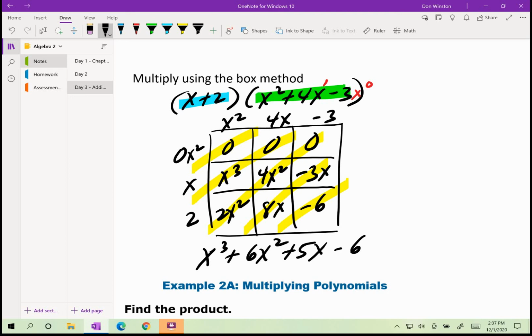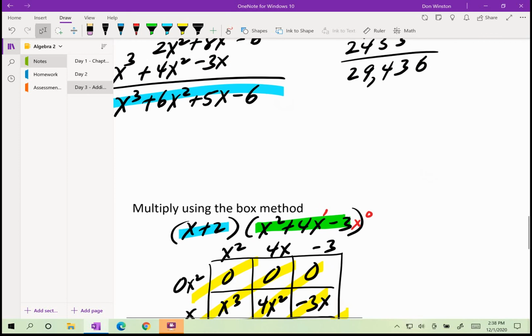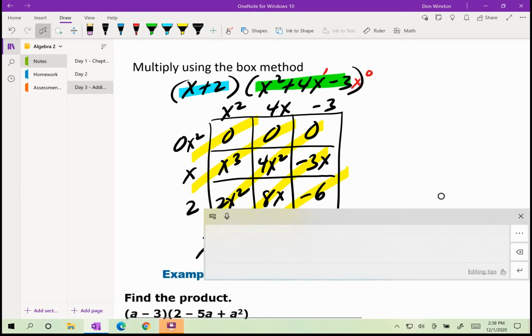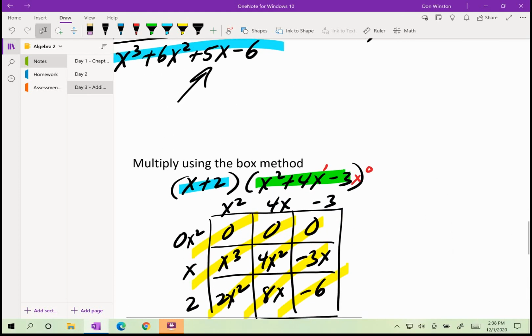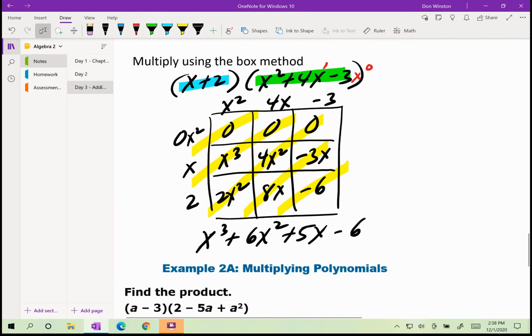It's the same thing that I got before, so this is the third method. x cubed, 6x squared, 5x minus 6, the same as before.